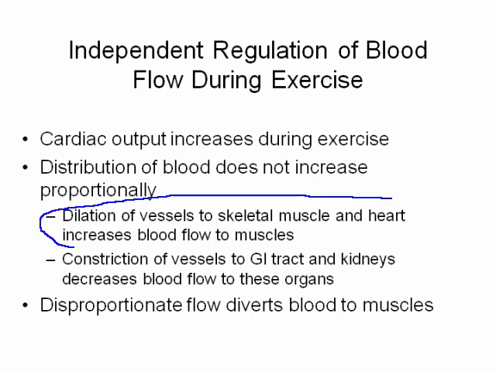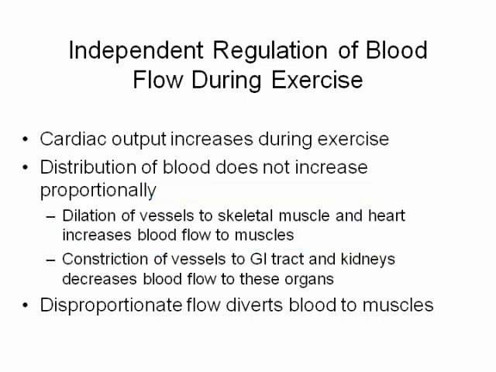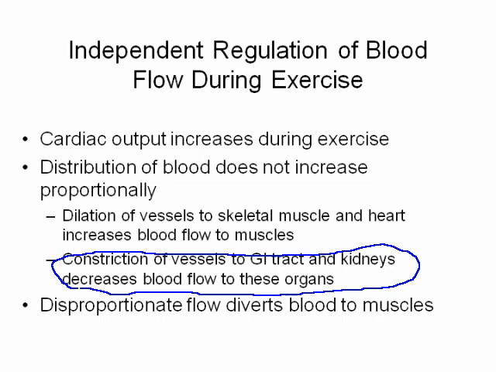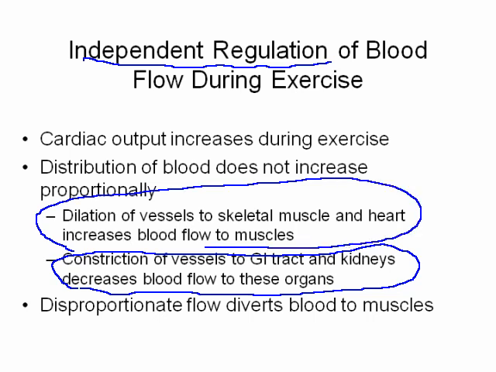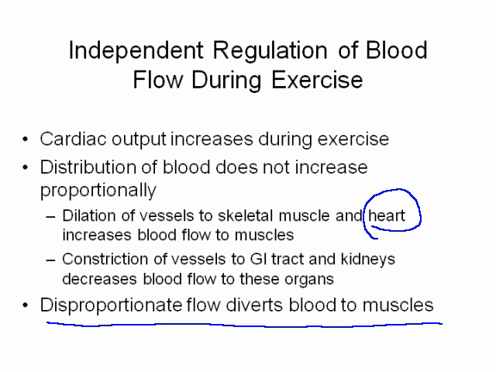So those blood vessels taking blood to the skeletal muscle dilate, as do the coronary vessels. But blood vessels going to other parts of the body constrict. So we call this independent regulation, the idea that these two vascular beds are regulated differently. What it does is it sends more blood to the muscles, both to the heart as well as to the skeletal muscle.